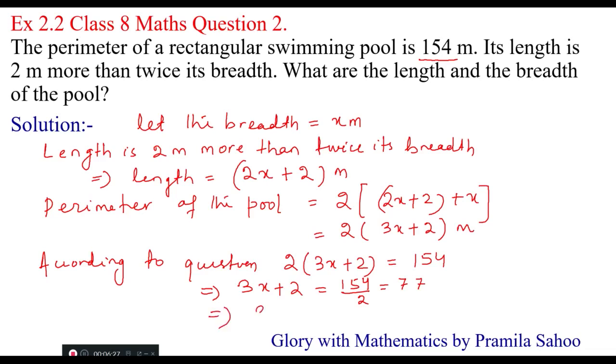So this implies 3x is equal to 77 minus 2, which is 75. Or this implies x is equal to 75 divided by 3, which is 25 meter. Here we have taken x as the breadth, so our breadth is 25 meter.